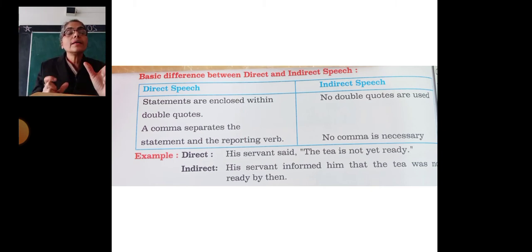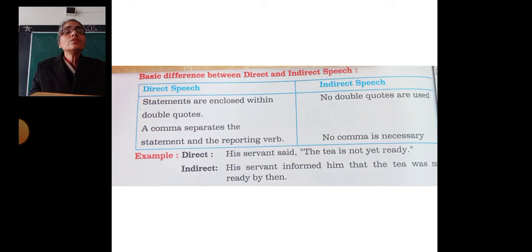And that part is, his servant said. So the portion that is out of inverted commas or double quotes, that is called reporting verb. And the portion that is within inverted commas, that is called reported speech.